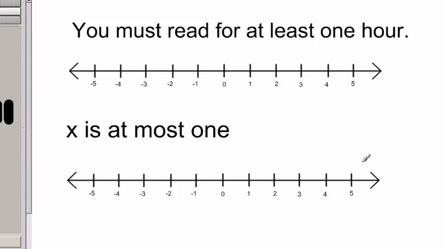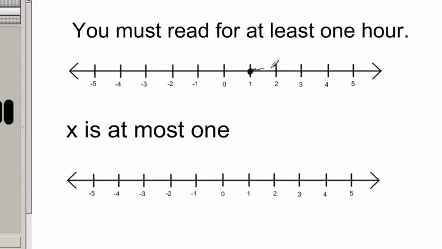Okay. If I tell you you must read for at least 1 hour. Let's see. So 0, no, it's not going to work. Half an hour, don't try it. An hour, yeah, that's good. That'll work. How about 1.1 hours? Yeah, that'll work. How about 2? That'll work.